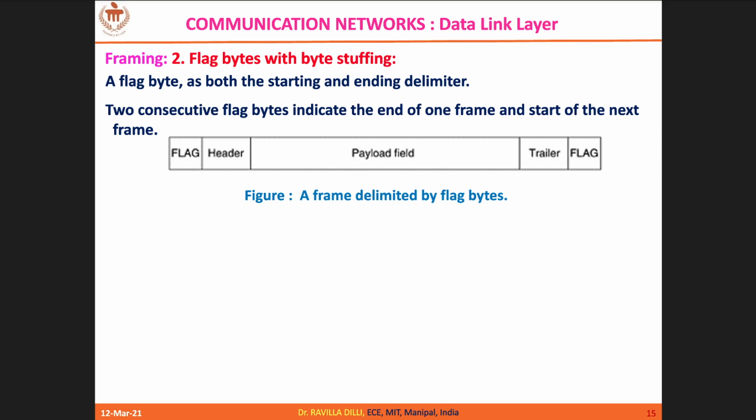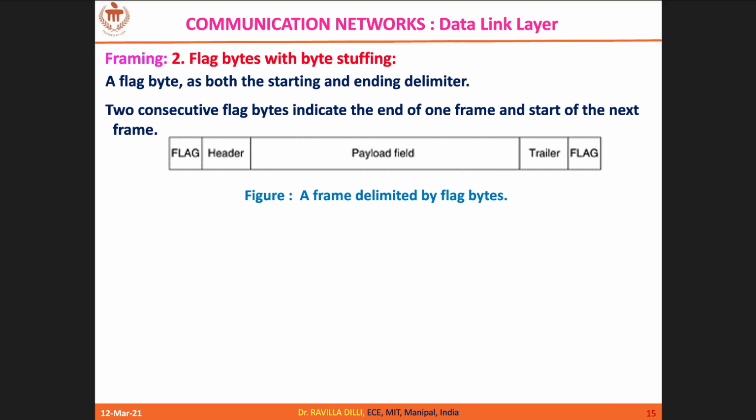So what you do is, when you are making a frame, you know that the frame contains the payload. Payload means the data, and it is preceded by a header and ends with a trailer. So this is your frame.